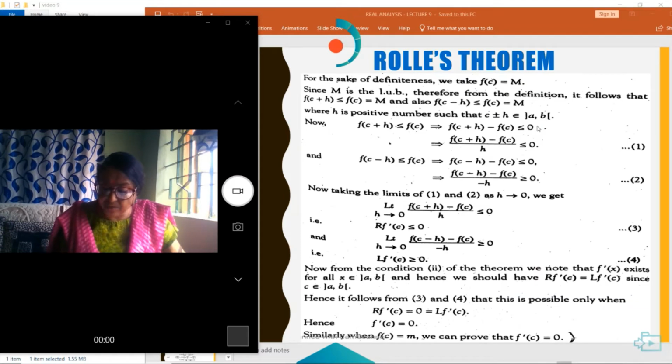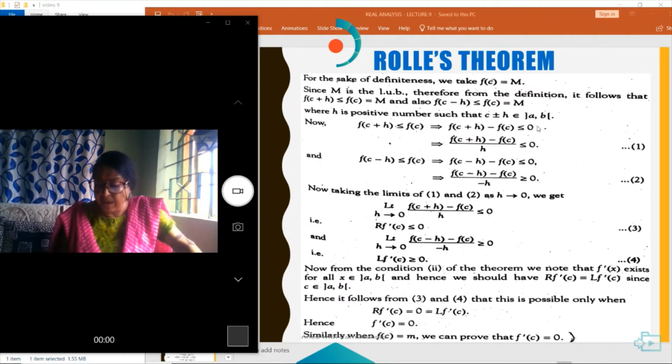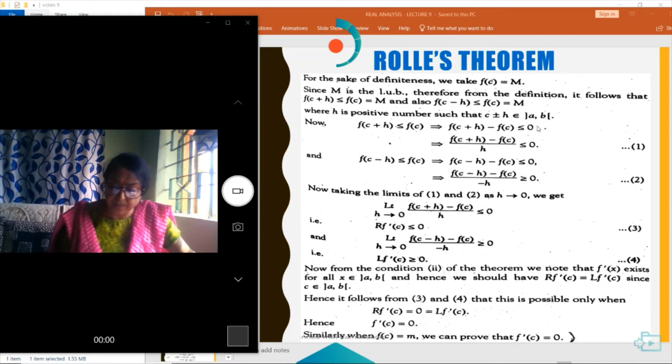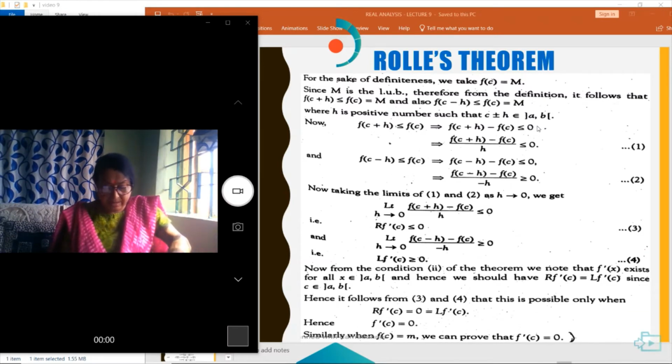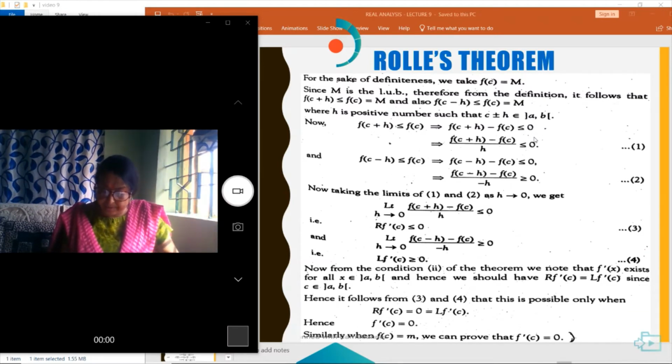It is possible only when the right hand derivative is equal to the left hand derivative, hence f'(c) should be equal to 0. Similarly, when f(c) is equal to small m, we can also prove that f'(c) is equal to 0. This is Rolle's theorem.